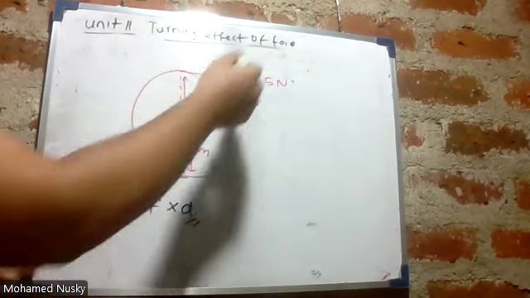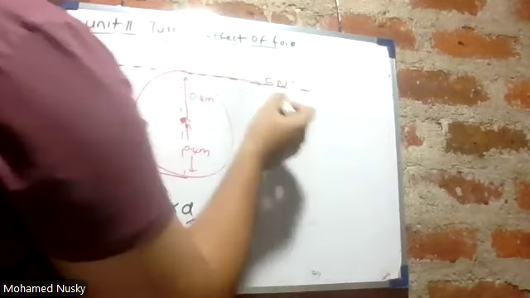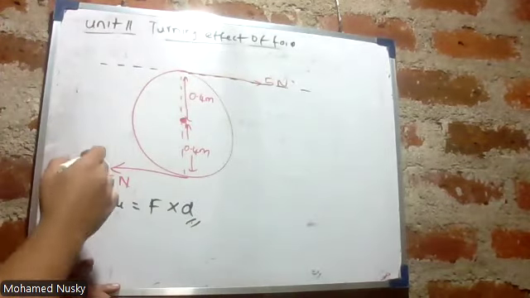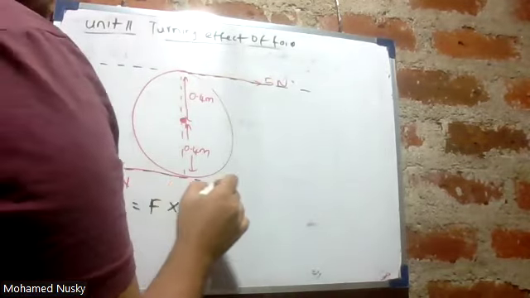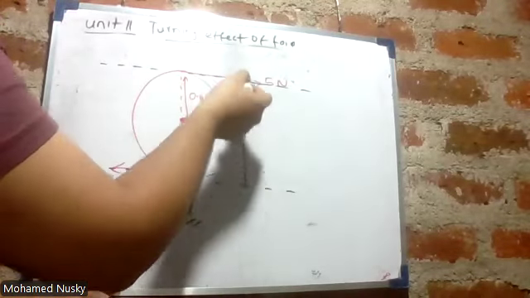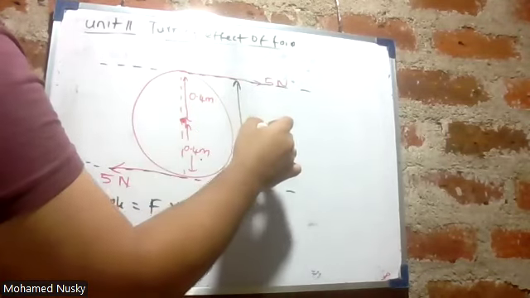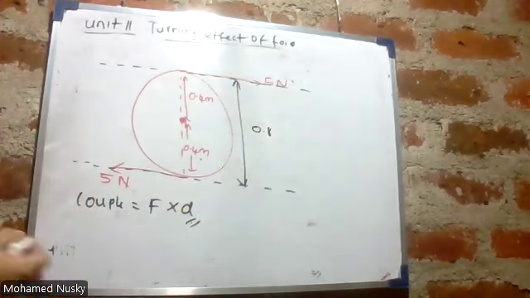Here, what is the line of action of this force? This is the line of action of this force, and this is the line of action of the other force. So what is the distance between them? Here you can see this 0.4, this 0.4, and that is 0.8.